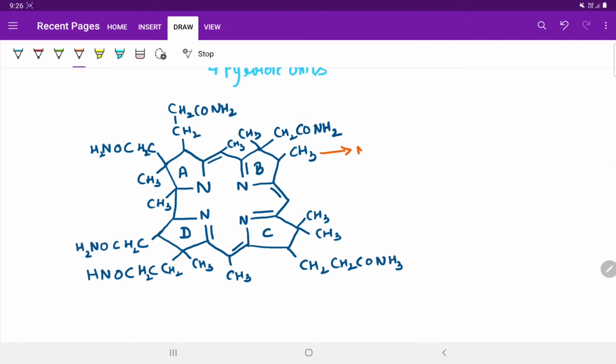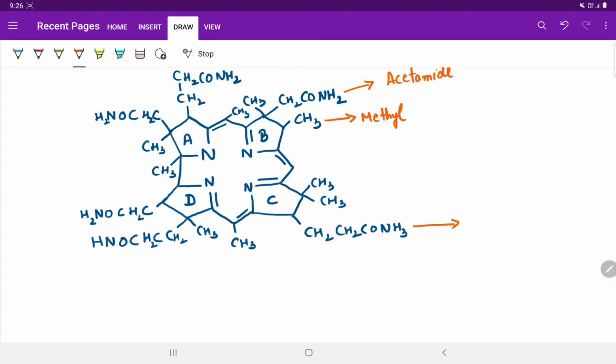This is a methyl, this is an acetamide, and this is a propionamide. This is a methene bridge, whereas this one is the direct linkage.